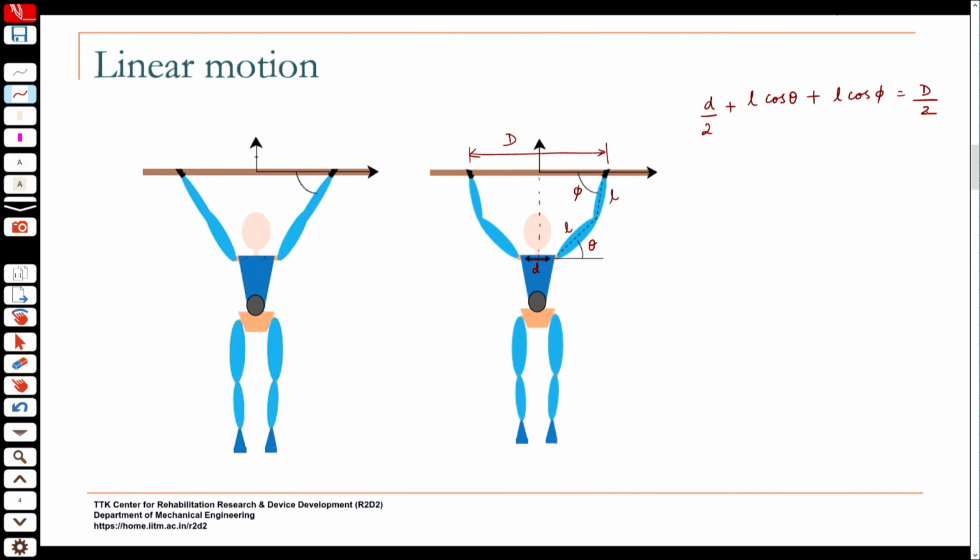Let us assume the arms are weightless rods. Then I can basically say capital D minus d equals twice of L cos theta plus L cos phi. This is my constraint equation.